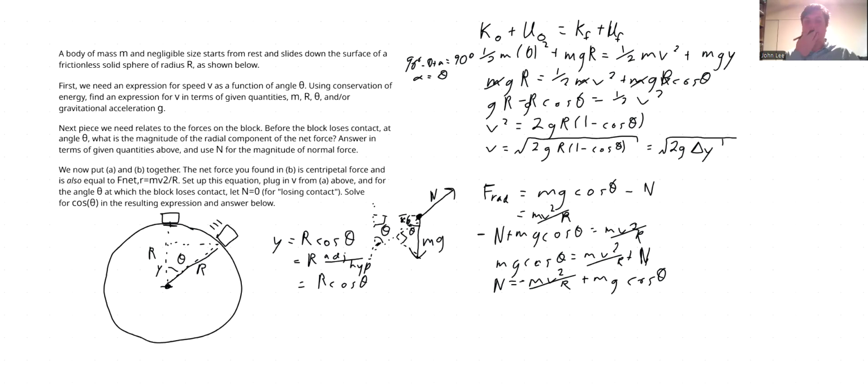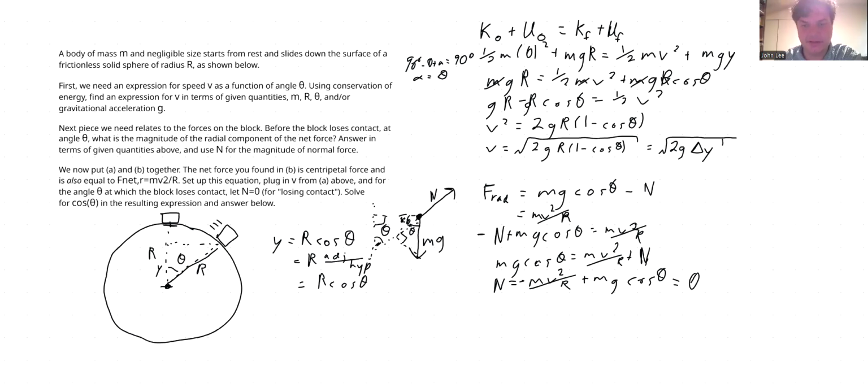And we know that as mv squared over r becomes bigger, the normal force is going to become smaller, even as mg cosine theta becomes smaller as well. So at some point, this is going to equal zero and it's going to lose contact with the sphere.